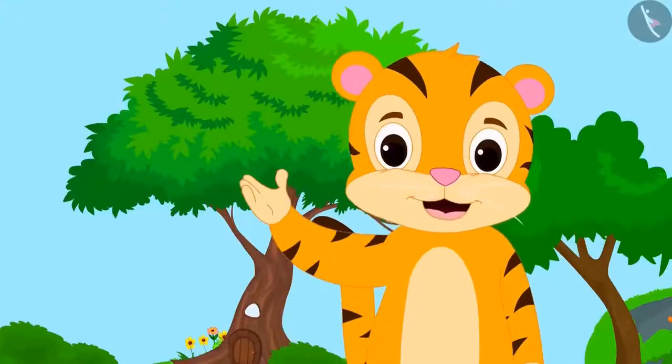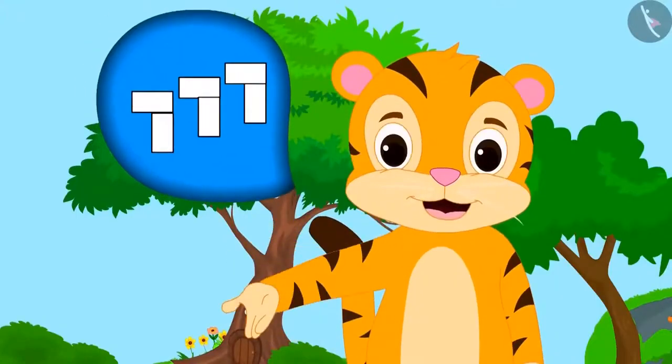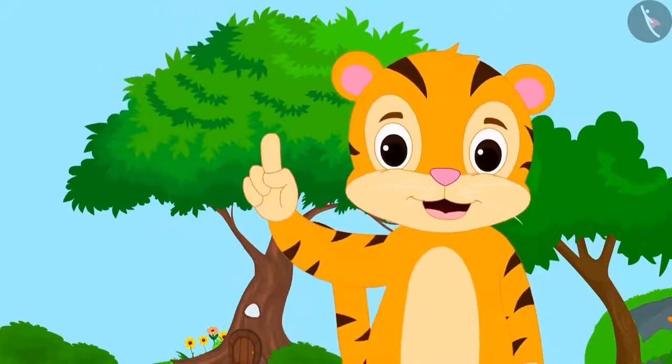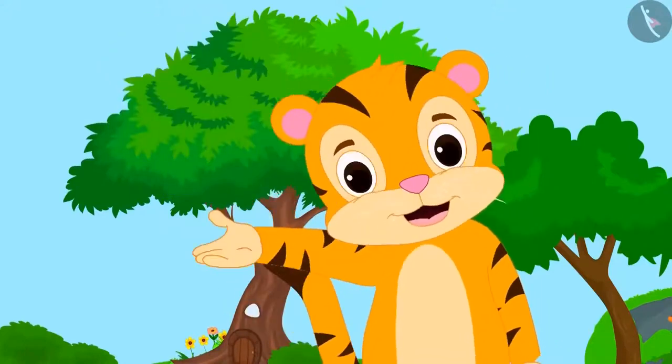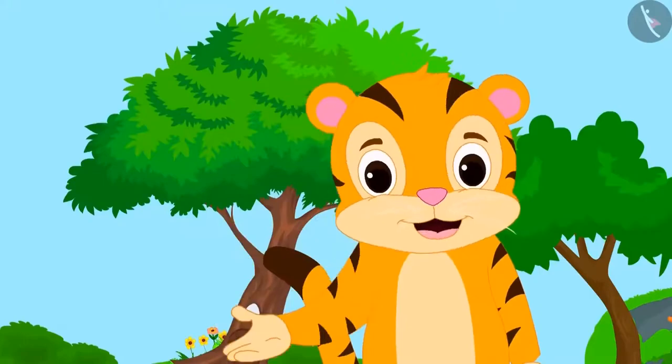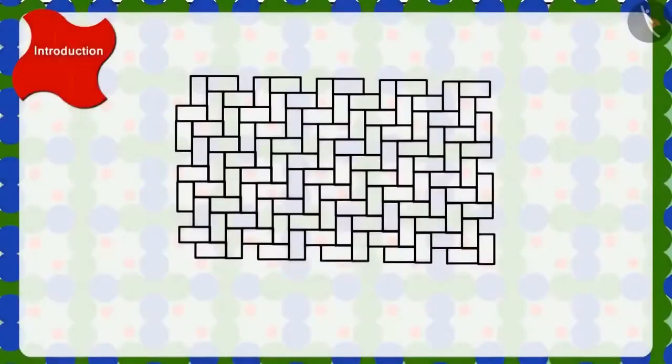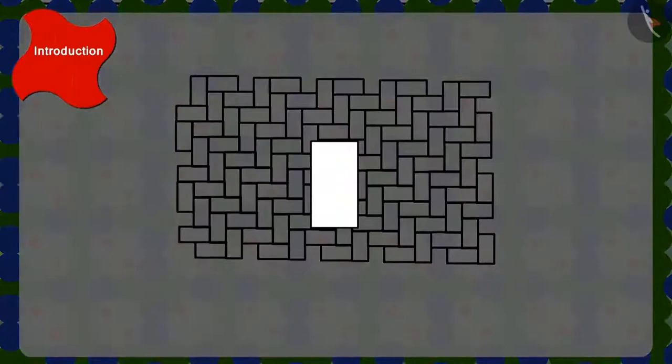The tiles are joined in a manner that there is no gap left in between the tiles. Children, is this possible? Come, let's take one tile from the pattern on the floor. How can we attach these tiles to make the pattern on the floor?